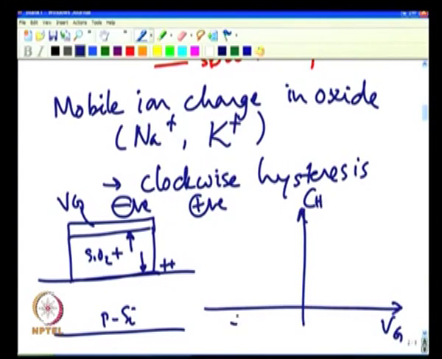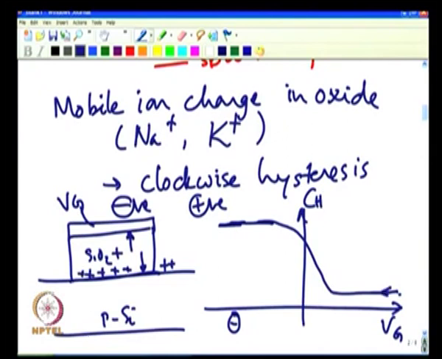Let us say I started with a negative gate voltage, and all these charges are here. So there is no effect felt because of the charge, and the CV will look very good like this. Now there is a positive gate voltage, and because the positive gate voltage will stay there for a certain amount of time, all these charges by this time will drift towards this and accumulate here.